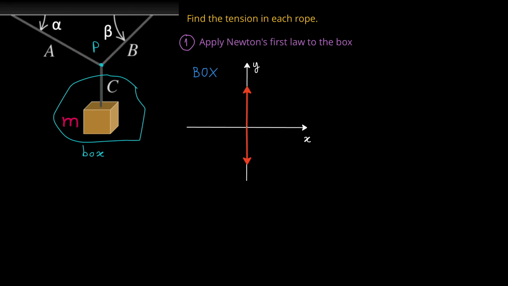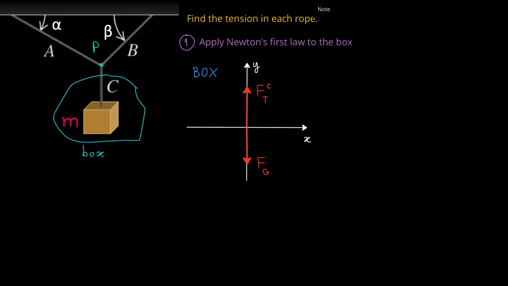So this will be tension force from rope C, so that will be F sub t with a superscript C, like so. This is the tension in rope C. And these are all the forces acting on the box.